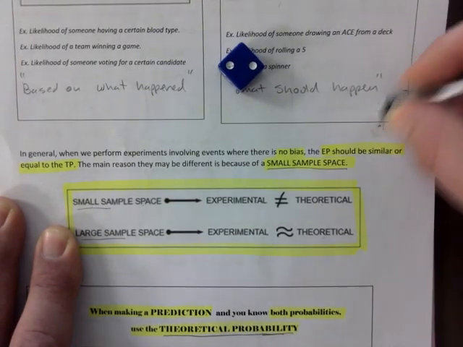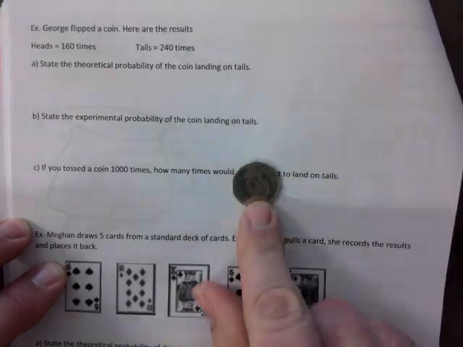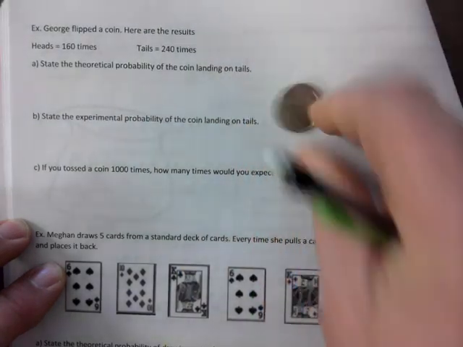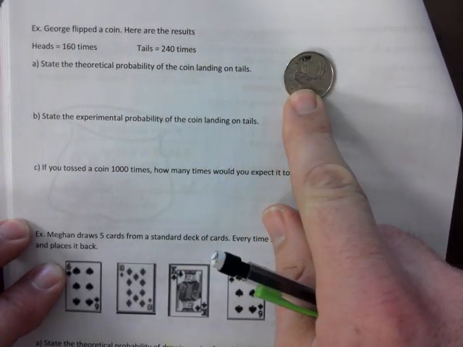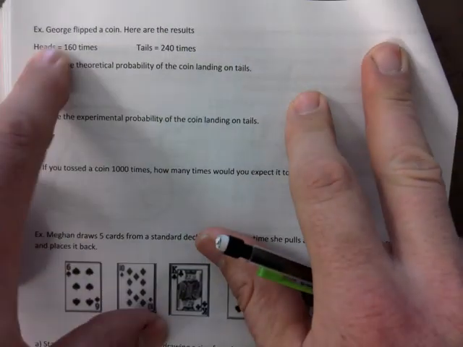Okay, so let's give this a try. Page 29. Flipping a coin, heads or tails. George flipped a coin.